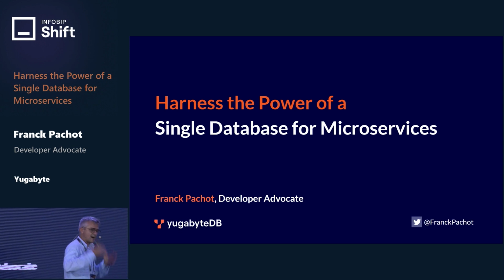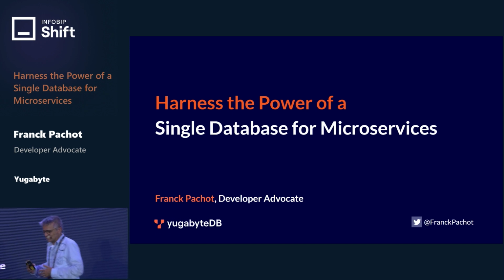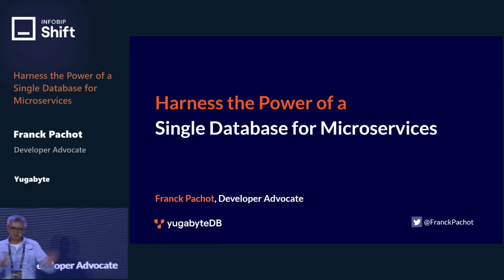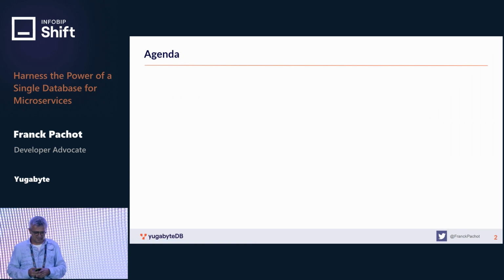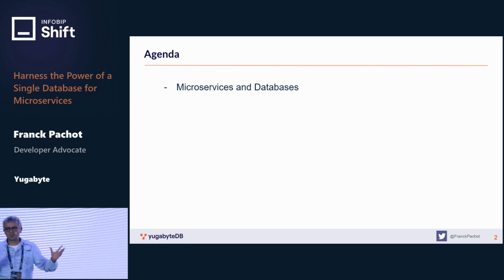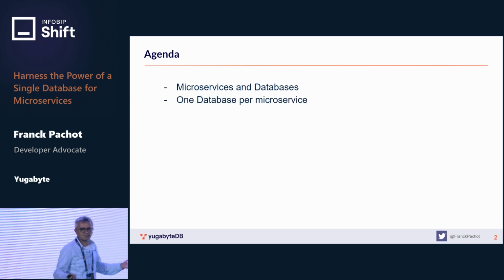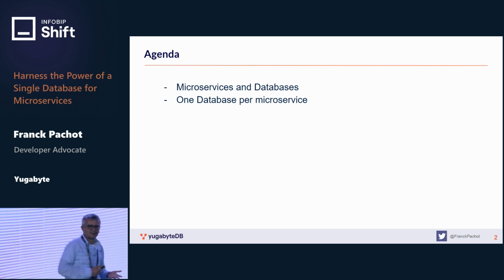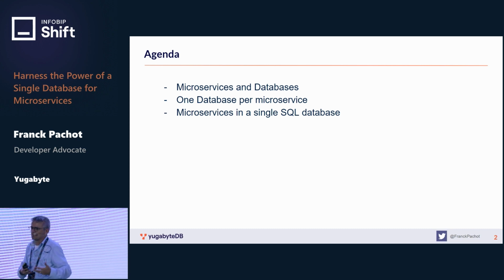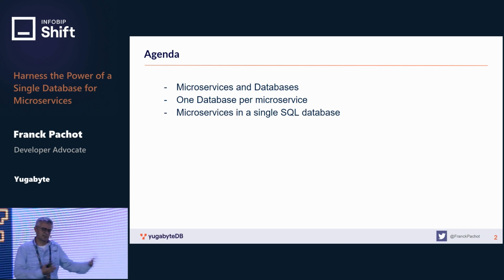I will go very fast because it's hard to talk about that without all details, but interrupt me if you have questions, do not hesitate. Basically, I will explain a bit what is the problem with databases and microservices, what can be good or bad having one database per microservice, and the opposite, what can be good or bad sharing a database between multiple microservices.